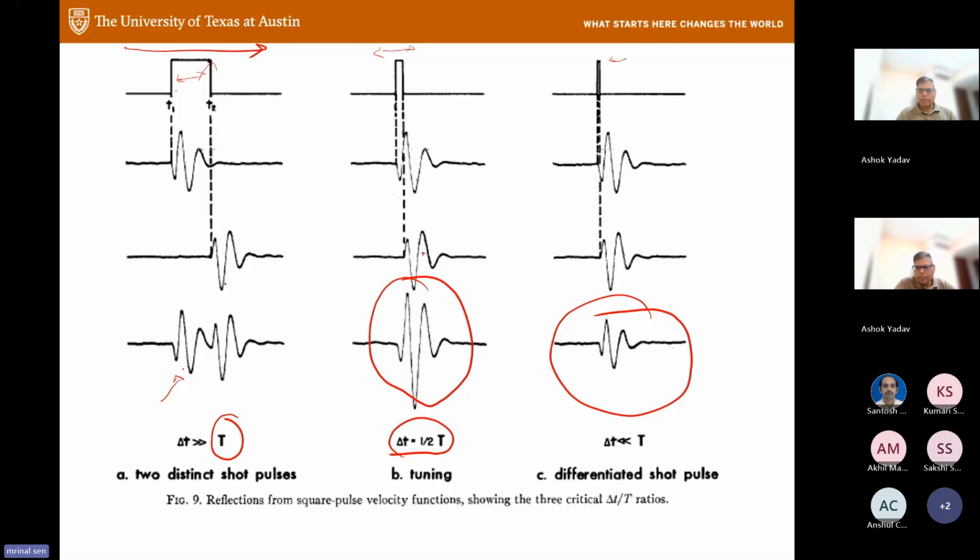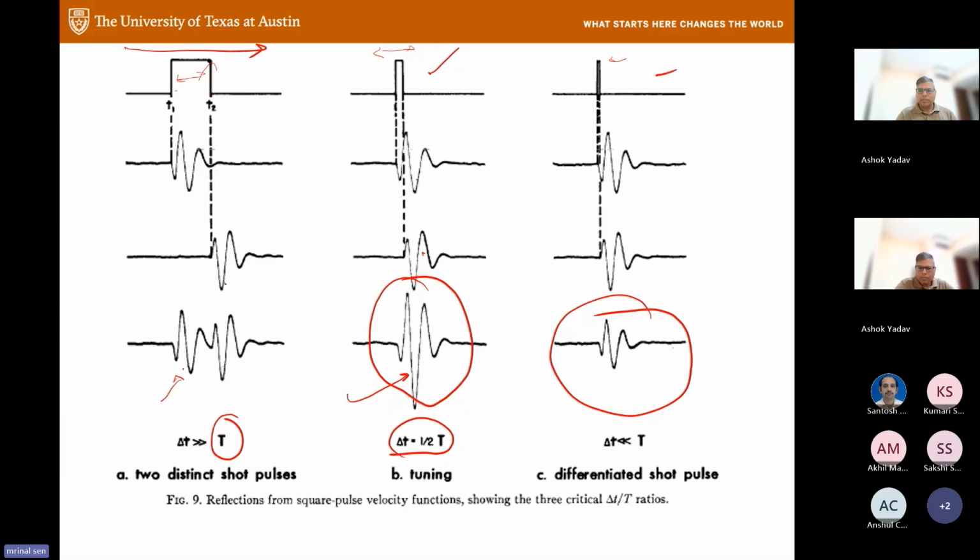This is the next thing I wanted to point out, and I'm glad Ashok already kind of hinted at that. Now, given, say, this or this, how can you tell what the wavelet is, or how many interfaces there are? I can assume that this is my wavelet, and I can perfectly match the seismic trace with a simple one interface.